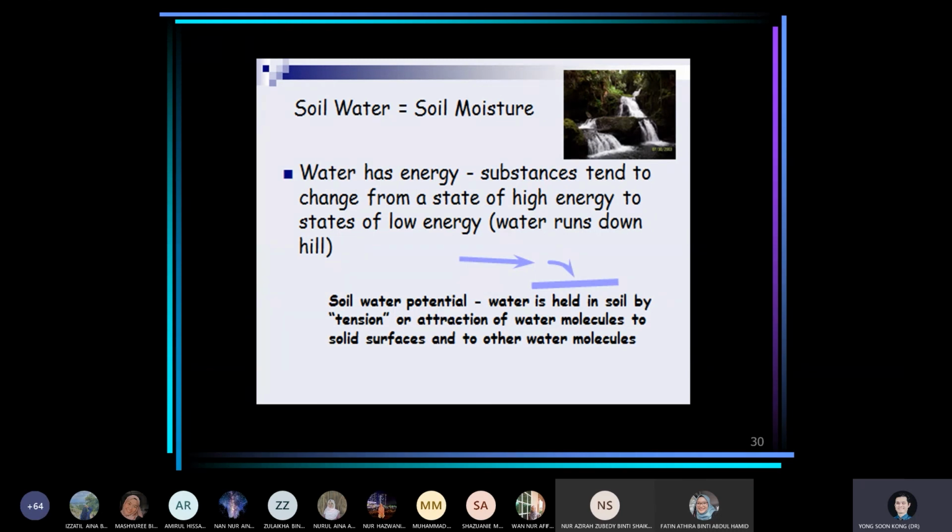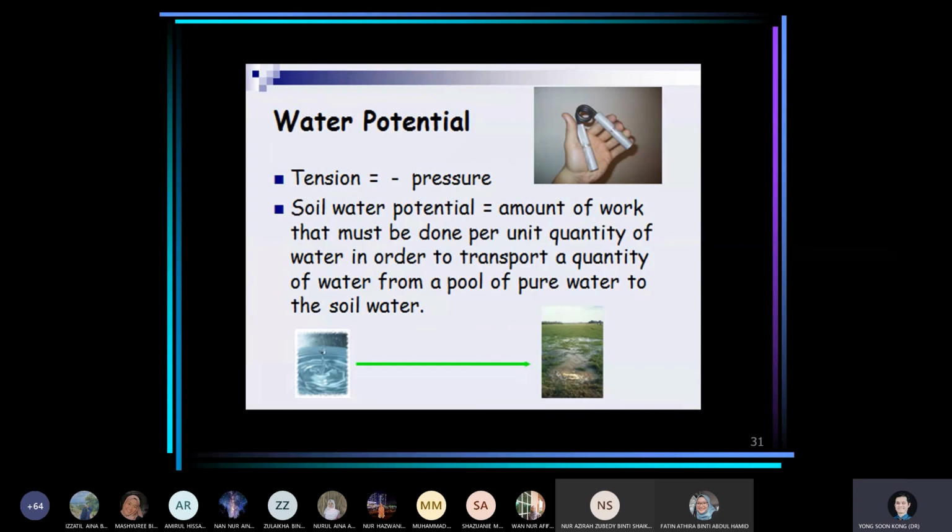That is the physics philosophy behind this. How does it work? It works through the water potential. In this case, the tension of water is equivalent to the opposite direction of pressure.